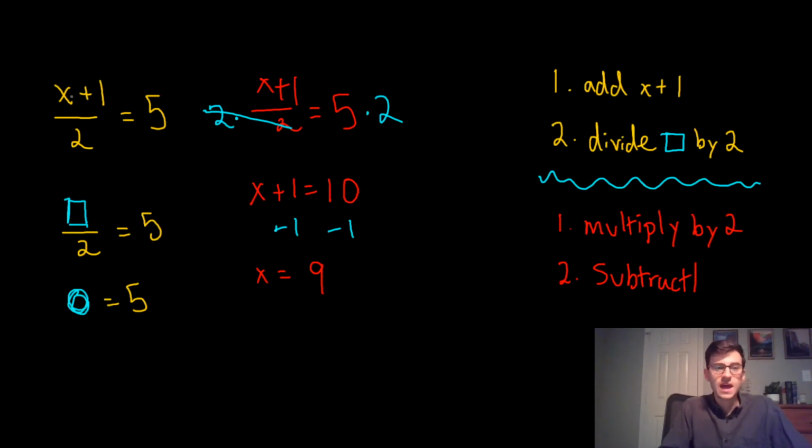And if we were to take that and put it back into our equation, 9 plus 1 would be 10, and 10 divided by 2 would be 5. 5 equals 5. So that feels pretty good because we got the right answer. Okay, so that's 2 different ways of thinking about solving 2-step equations: balancing the scales, or going in the reverse order of operations.